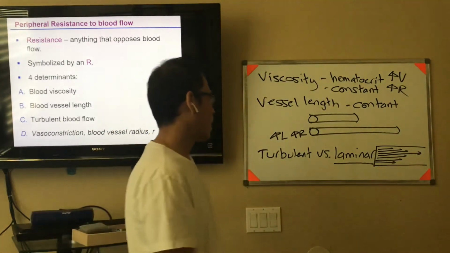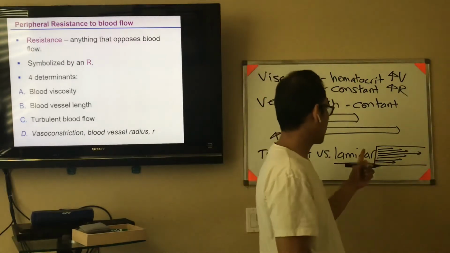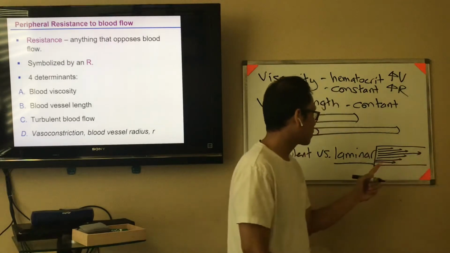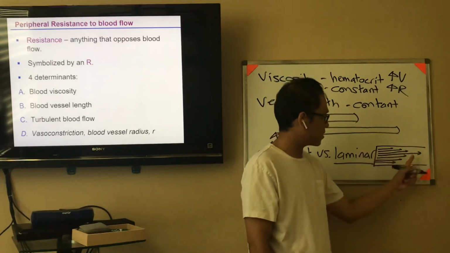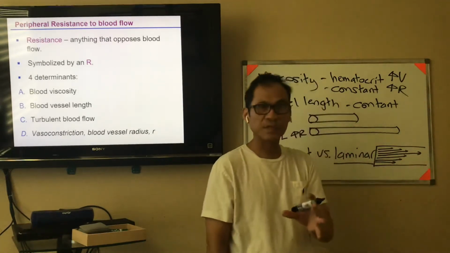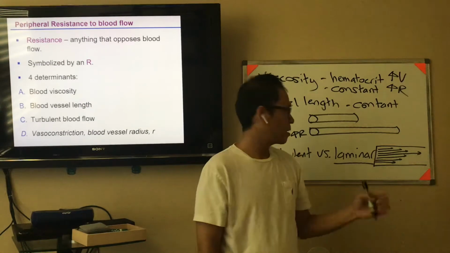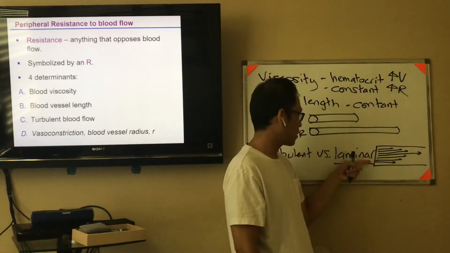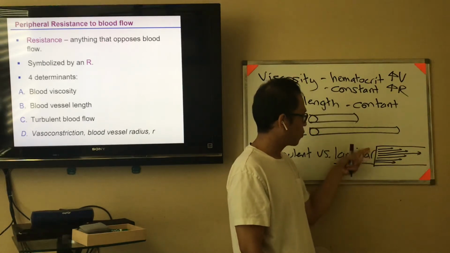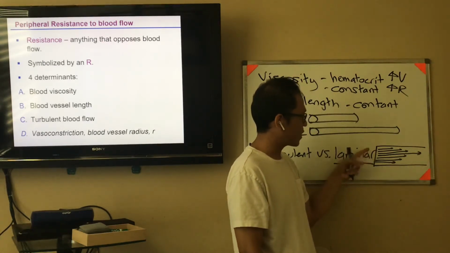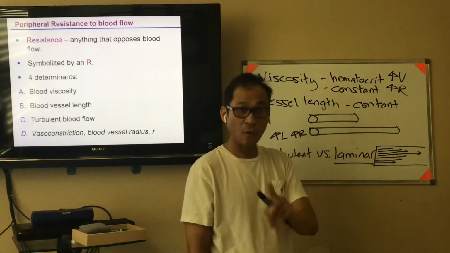And the arrows are like vectors. The blood flowing in the center of a tube is the fastest because it's frictionless in the center. But as the layers of blood get closer to the vessel wall, you start to have some friction. So the velocity is slower where it touches the vessel wall, fastest in the middle for laminar flow.